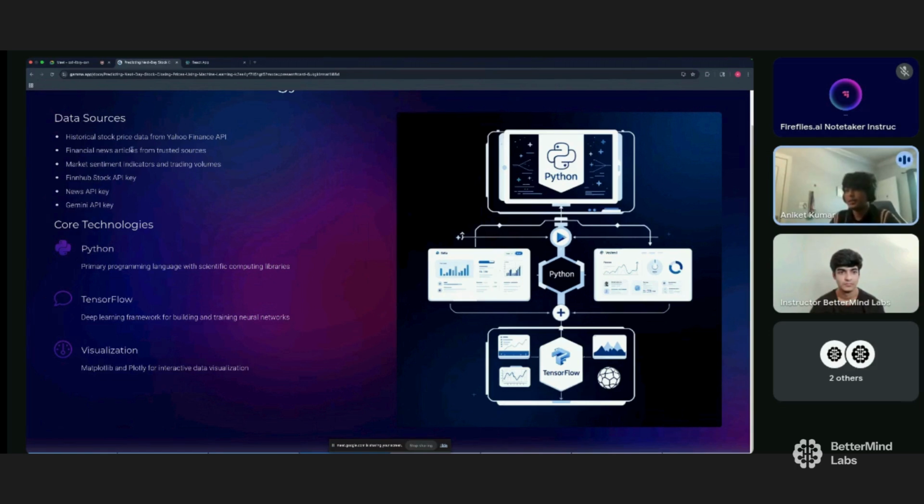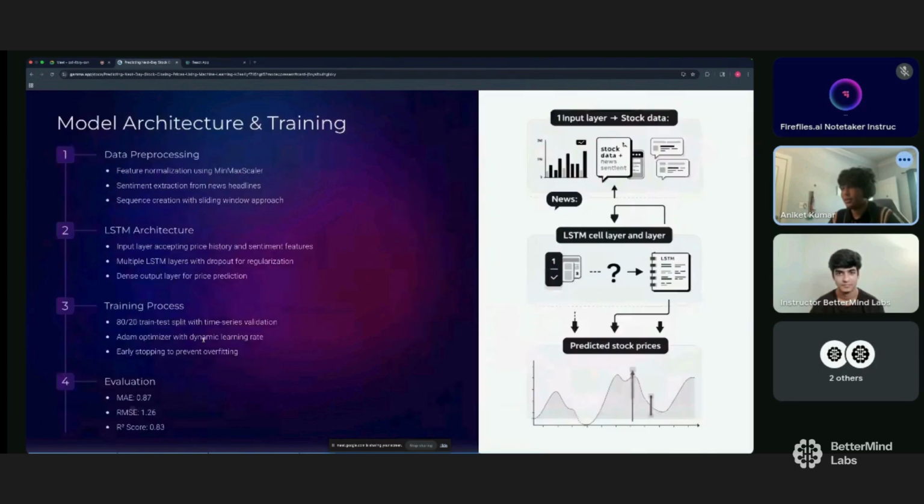The News API key is the same thing for news articles, and the Gemini API key is for summaries so the users can learn more. Some main technologies we used were Python and TensorFlow, and we prioritized the visuals, like the UI and the graph, so the users can see.